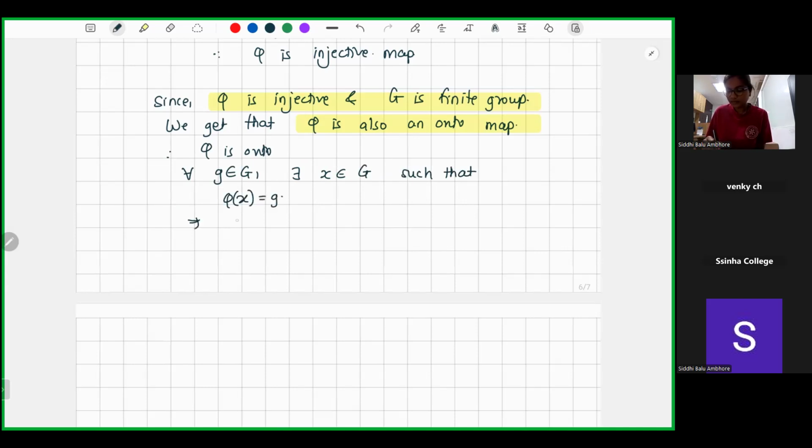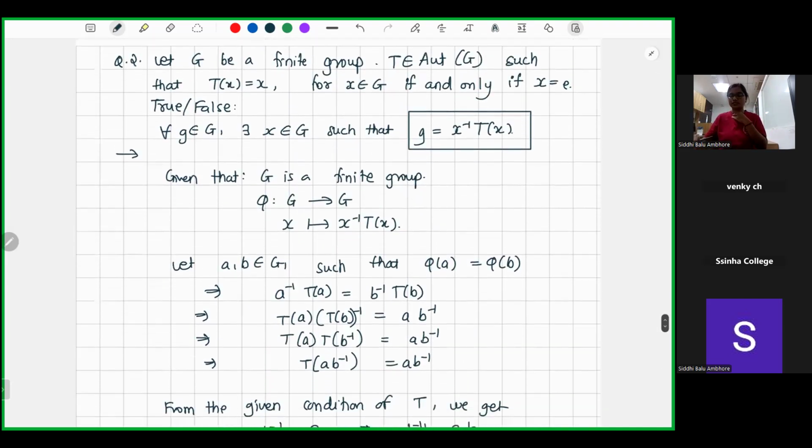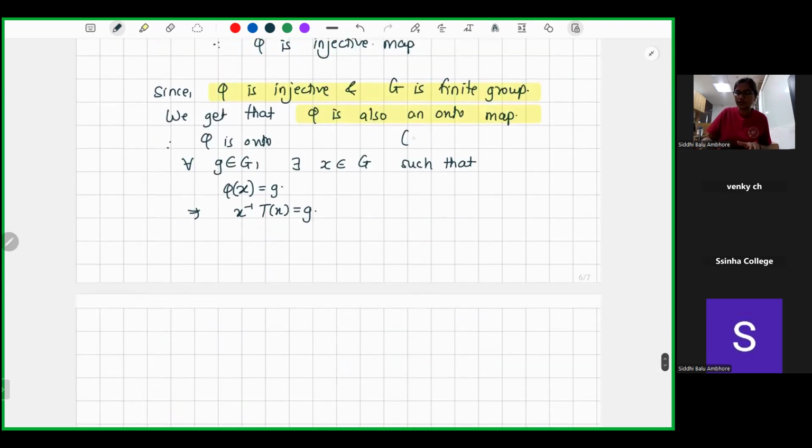So this implies that x inverse T of x is g. The ontoness of this map will give me this expression.